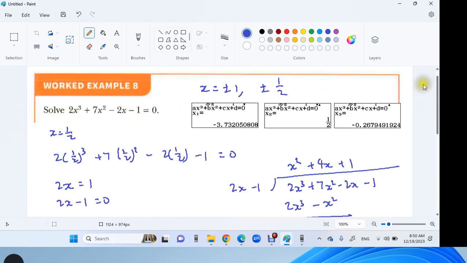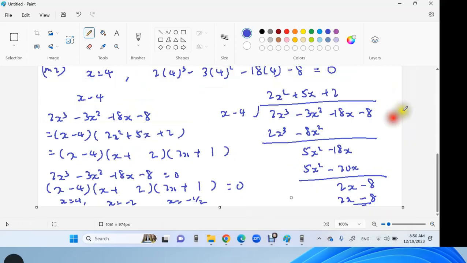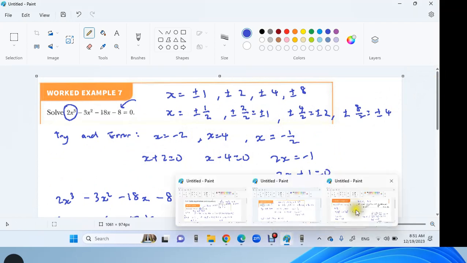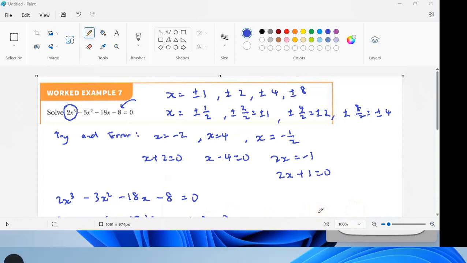So I met some genius student. After they do the trial and error method, what they do is like this one. Assume I do the trial and error, I get negative 2, 4, and this one. Then the student uses the calculator, and then gets this answer.